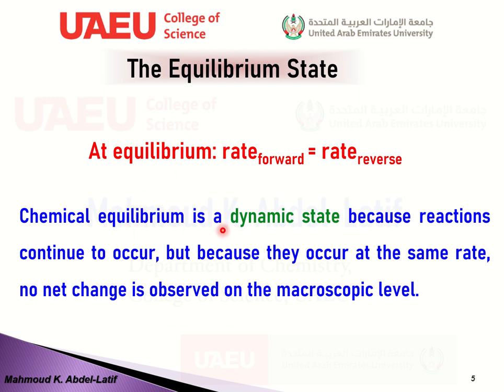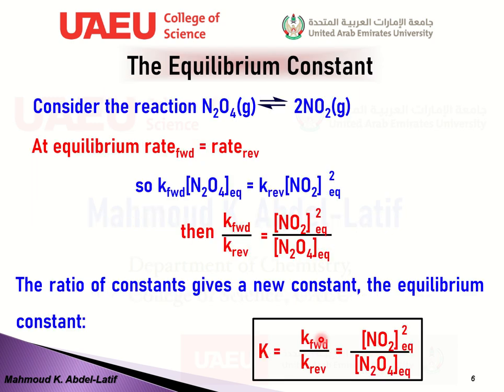So chemical equilibrium is a dynamic state, because reactions continue to occur, but because they occur at the same rate, no net change is observed at the macroscopic level. Consider the following reaction: dinitrogen tetroxide in the gaseous state.